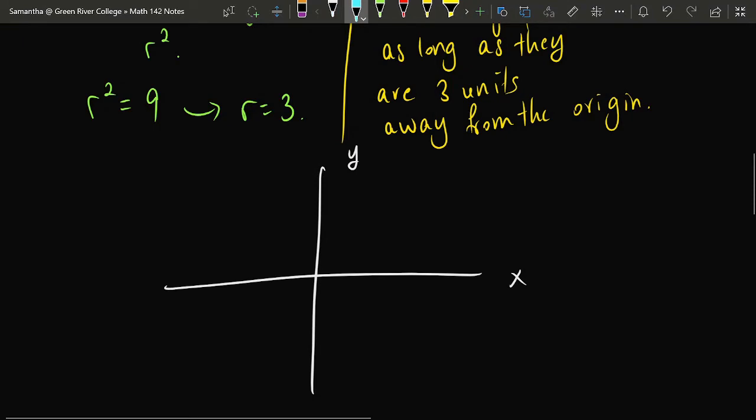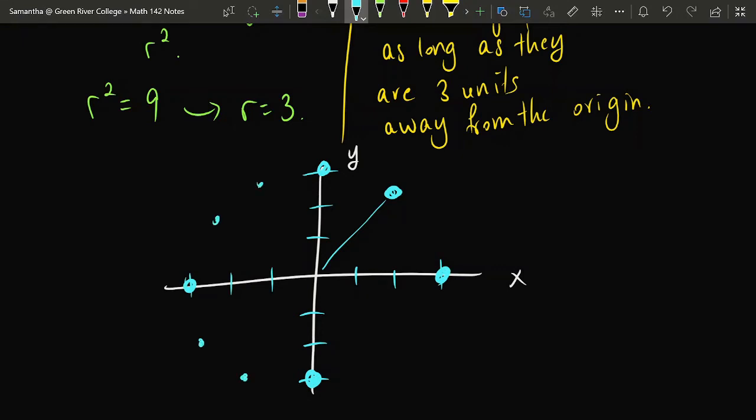For example, I could go 3 units directly to the right, or I could go 3 units upward, or I could go 3 units to the left, or I could go 3 units downward, or I could go 3 units in any other combination of those directions, for example to the northeast, or any other angle I chose.